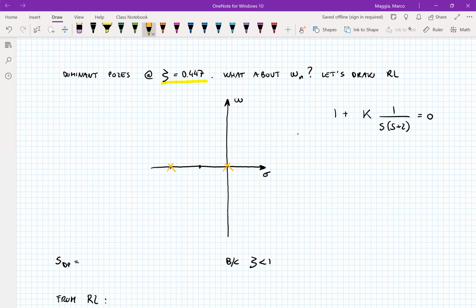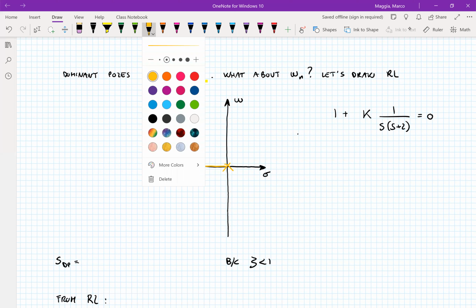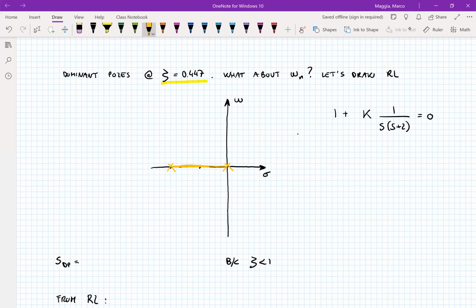And you know very well by now that when we have only a couple of real poles, the root locus looks like this. You connect the two poles, and right in the middle there's going to be a breakaway point.